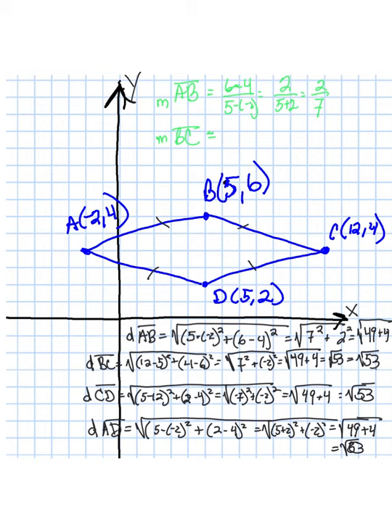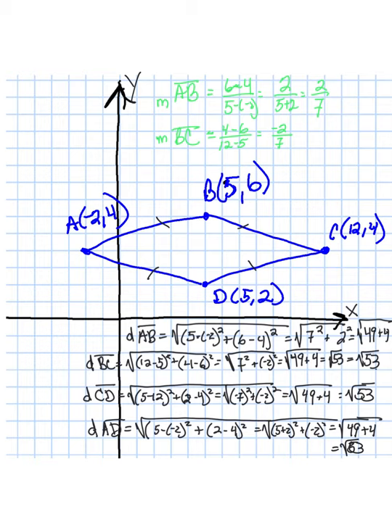When we find the slope of BC, we have 4 minus 6, the difference between our y values, and 12 minus 5. So we end up with negative 2 over positive 7. Now these are opposite signs, but they are not reciprocals of each other. So most likely this is not going to be a square. I mean, it's definitely not going to be a square.